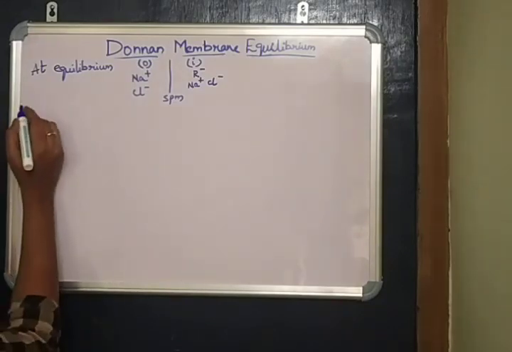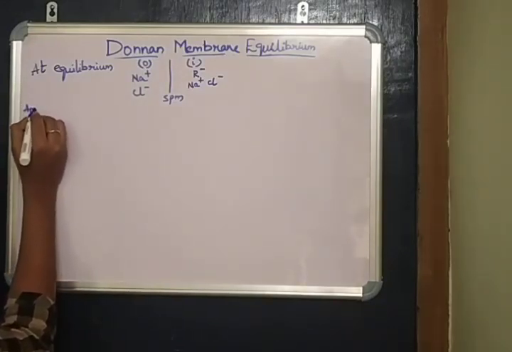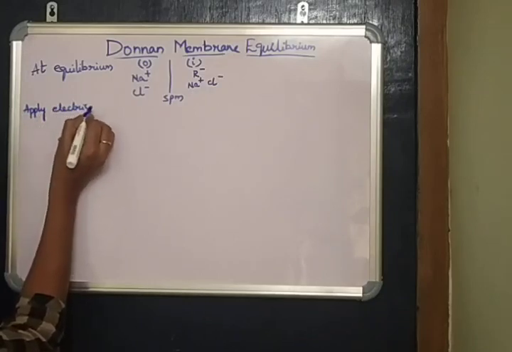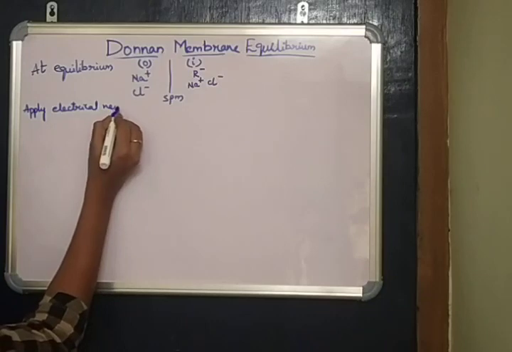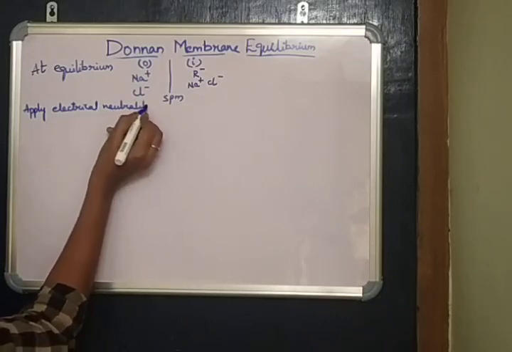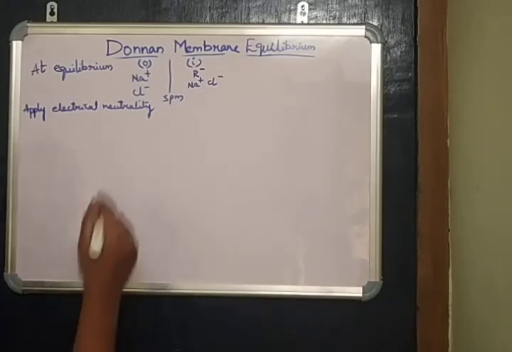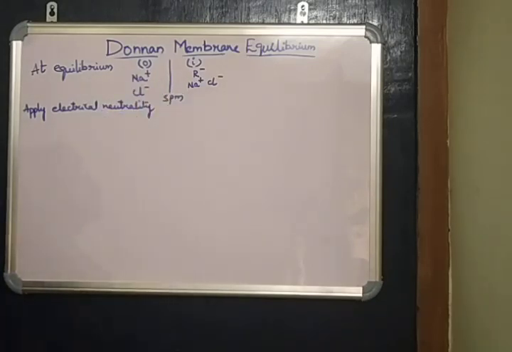At this condition, we have to apply electrical neutrality. Electrical neutrality means positive and negative charges on either side of the semi-permeable membrane are balanced.